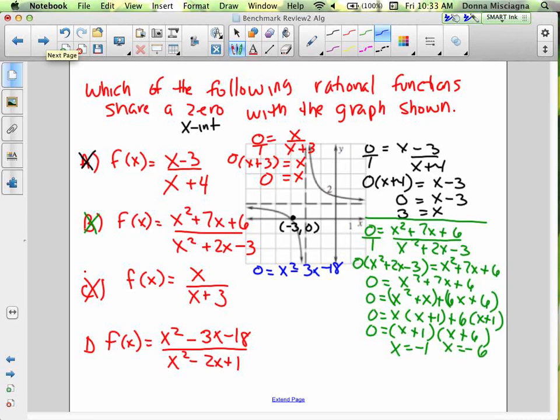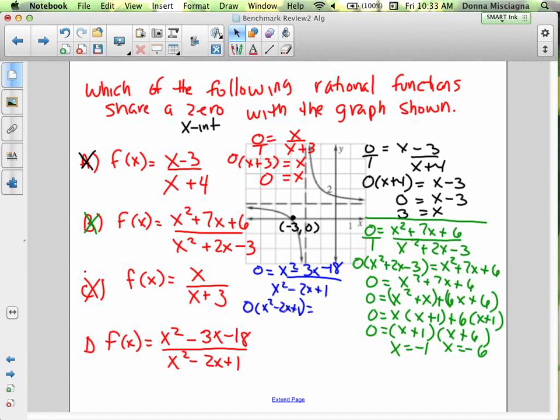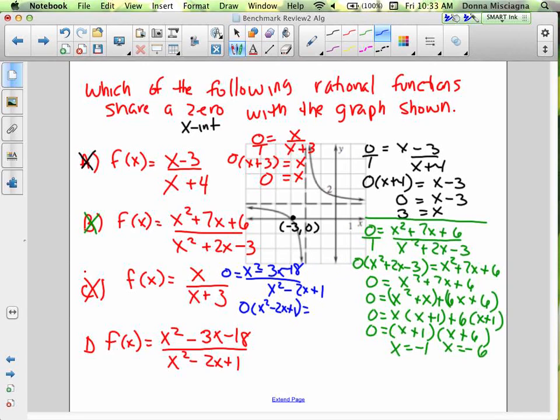All right, and that's divided by x squared minus 2x plus 1. So cross multiply, we get 0 times x squared minus 2x plus 1 equals x squared minus 3x minus 18.